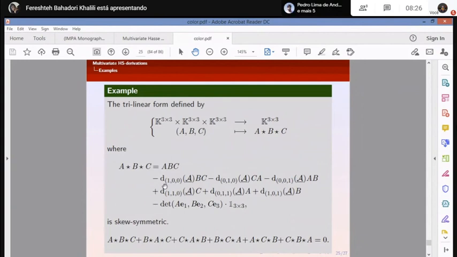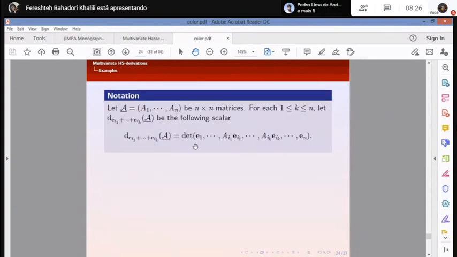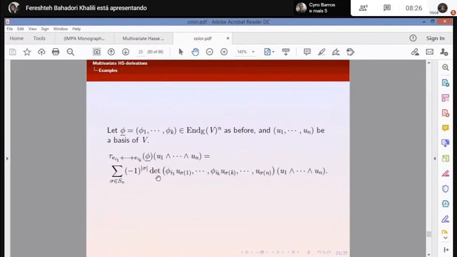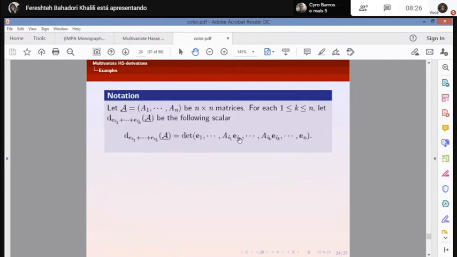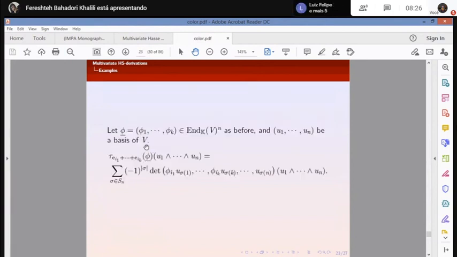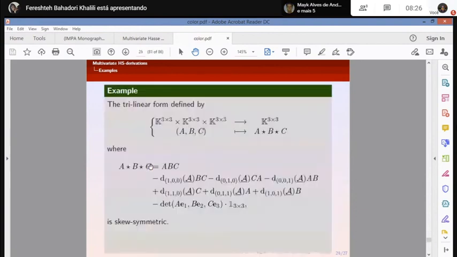The reason is that, as I told before, these are just the components of this sum. If we take the sum with the proper sign over these indices, what we get is just our traces.